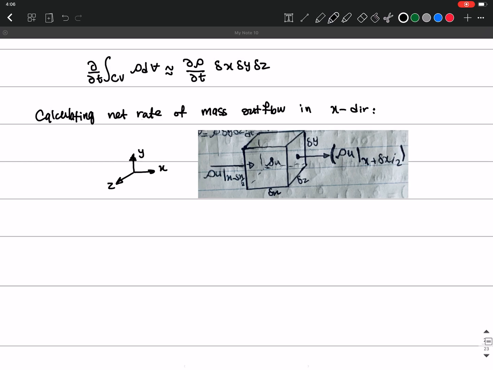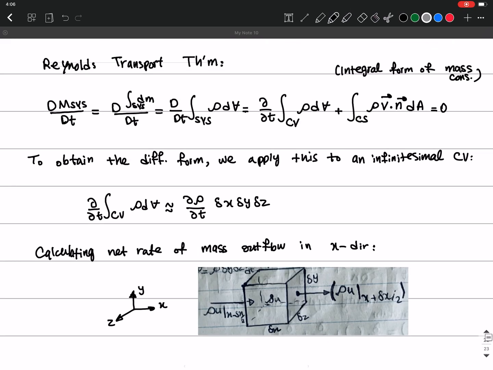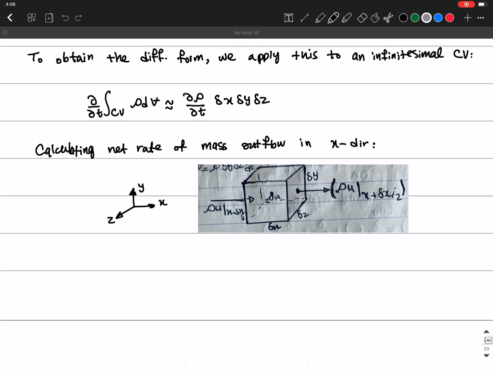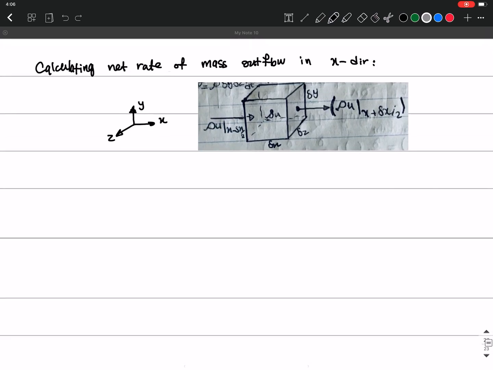So now, in order to calculate the fluxes at these control surfaces, for example, if I want to calculate the flux at this control surface, I can use the Taylor series, okay? So let me start that.